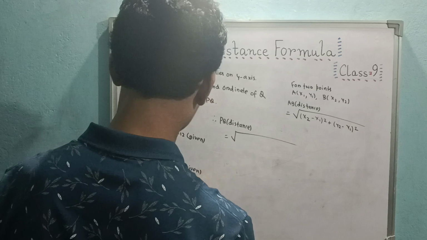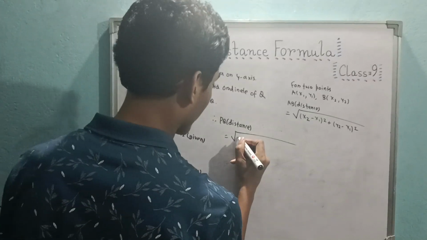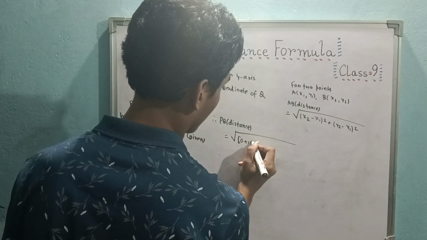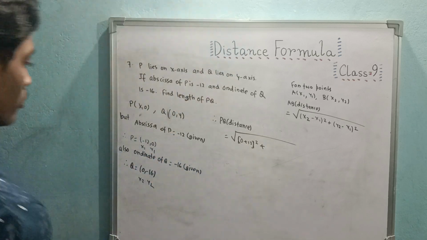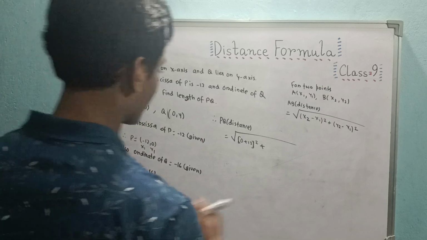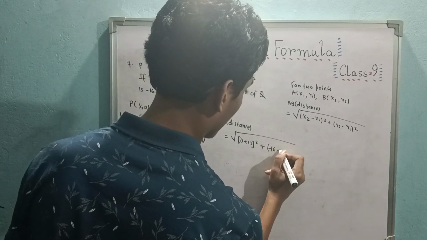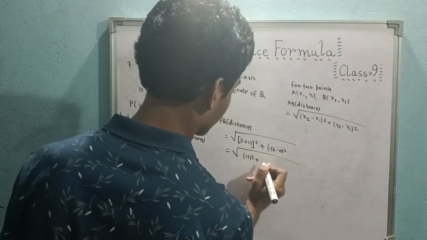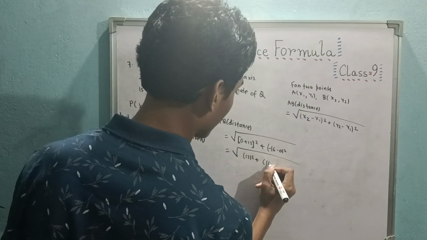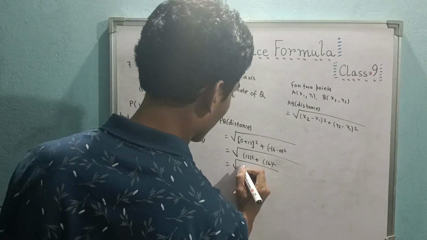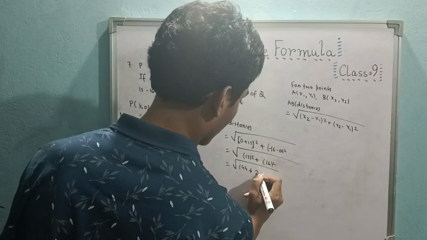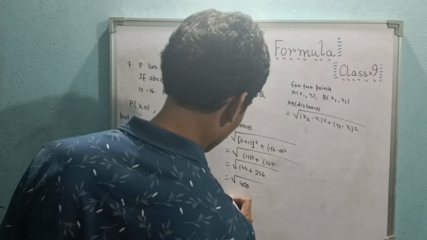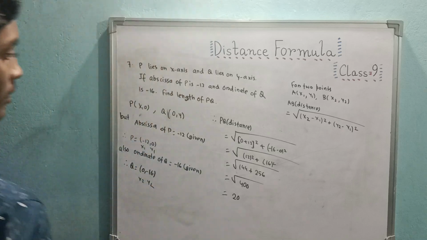So x2 minus x1 whole square, 0 minus minus 12 whole square, this 0 plus 12 whole square, plus y2 minus y1 whole square, that means minus 16 minus 0 whole square, equal to 12 square plus 16 square, equal to root 144 plus 256, root 400, equal to 20.